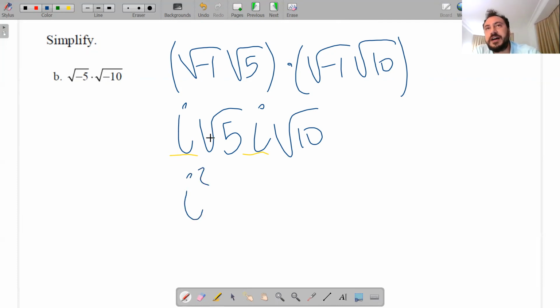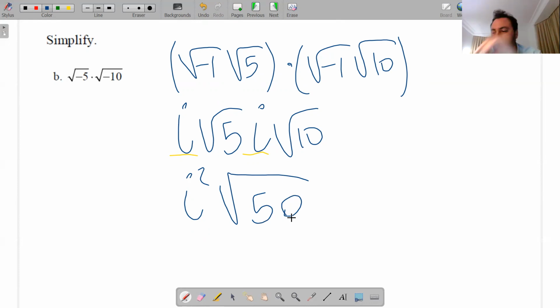And square root of 5 times square root of 10 is equal to square root of 50. Everything that is inside a square root can be multiplied together. Remember, that goes back to the first rules we were studying before.